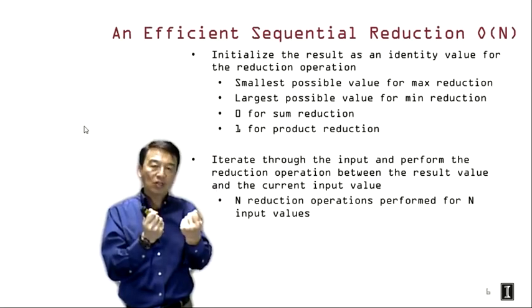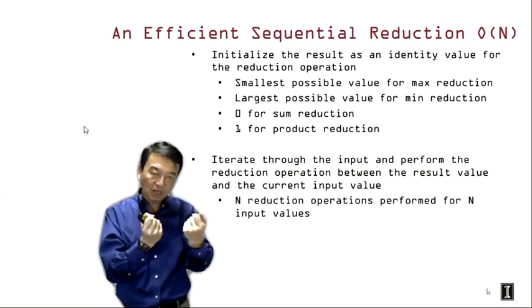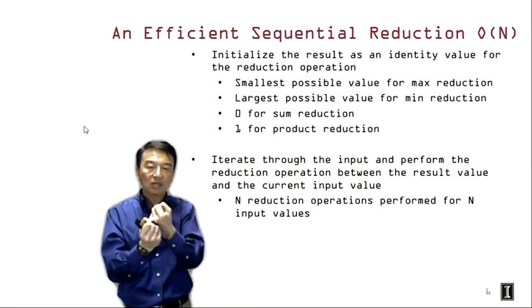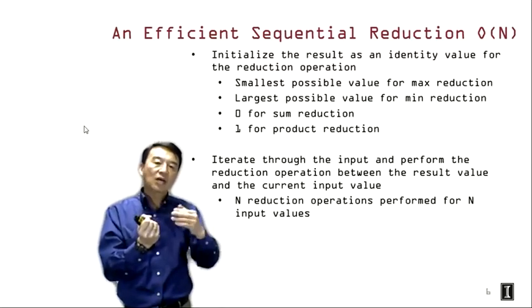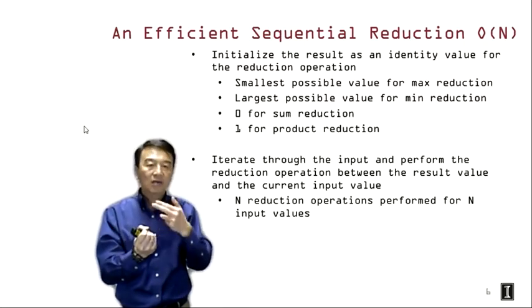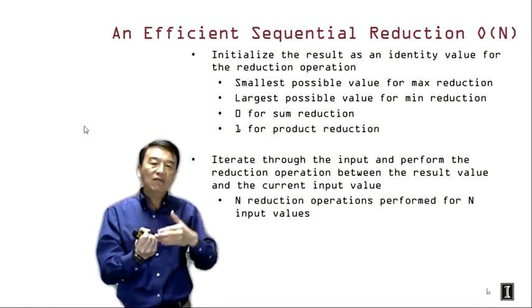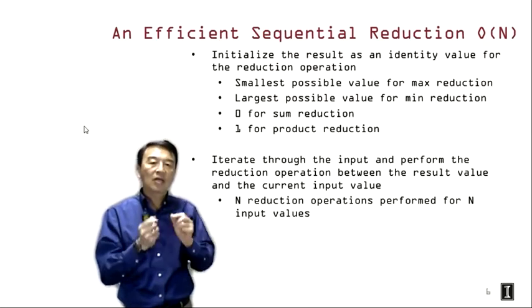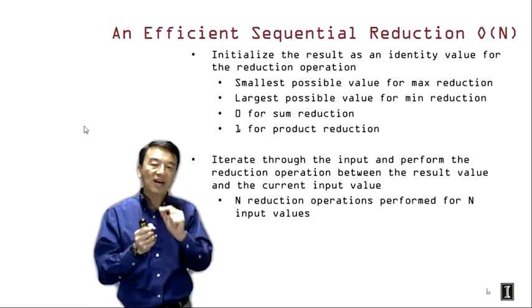And if the new input is bigger than the result value, then that input becomes the result value. So as we visit all the input values, we keep updating that result value. And after n steps, we finish visiting all the input elements. Then the result is the final answer.